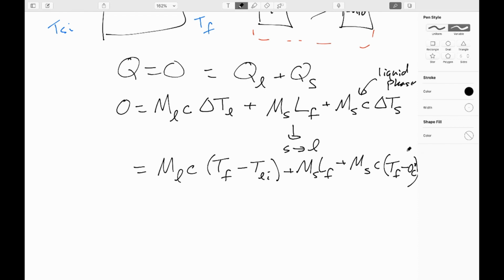I'm putting in 0 right away because that's always okay. And again, I can get away with doing this because all my temperatures in here are differences, and so we don't have to add 273 to everything. But if you're unsure, then just leave this as T initial and put in 273. That's fine. In fact, let's leave it as T solid initial just to show that it won't matter.